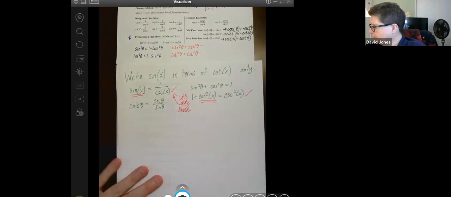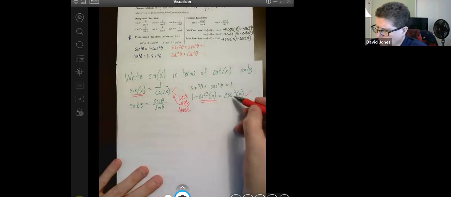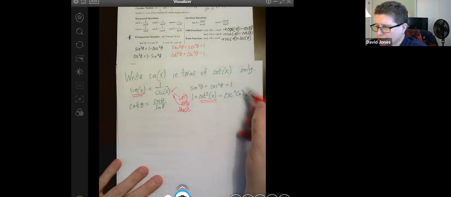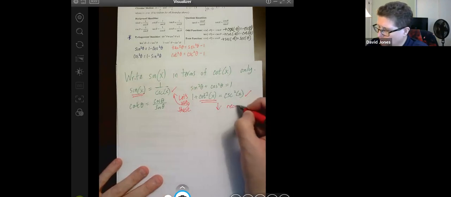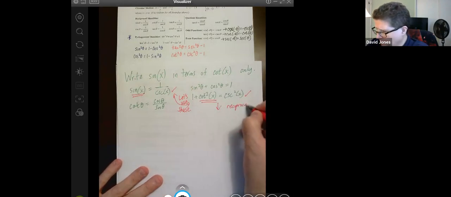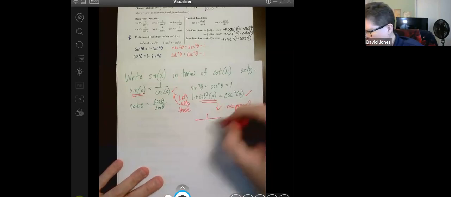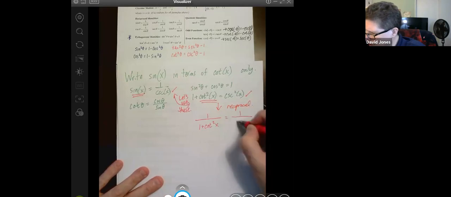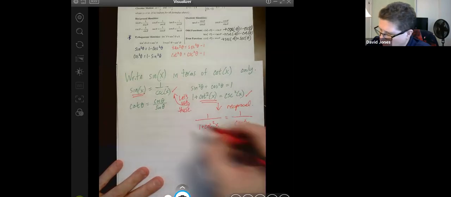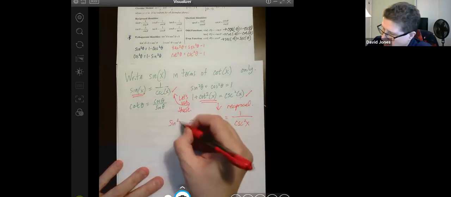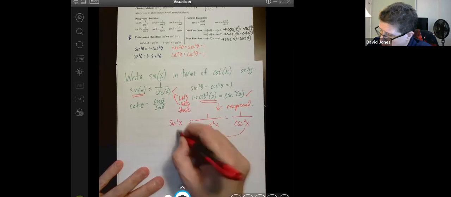So what can I do? Well, I want sine squared, or I want sine. So let's take this one and flip it over. Let's do the reciprocal. 1 over 1 plus cotangent squared x equals 1 over cosecant squared x. And that one on the right is sine squared x.